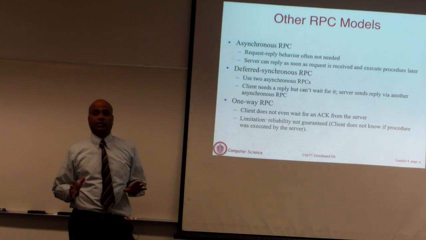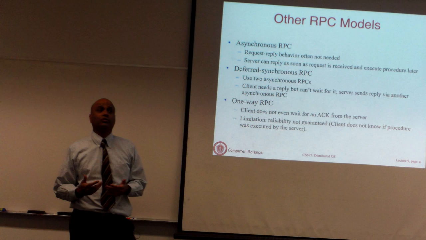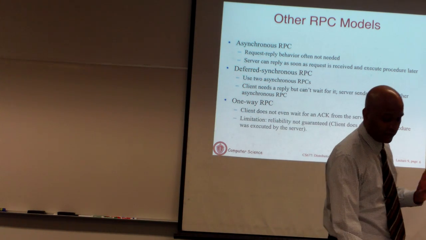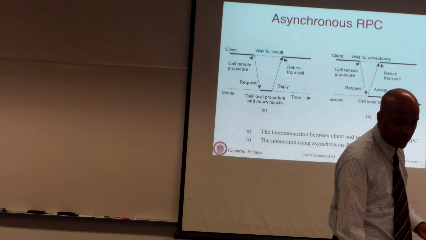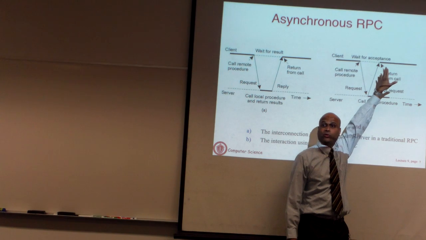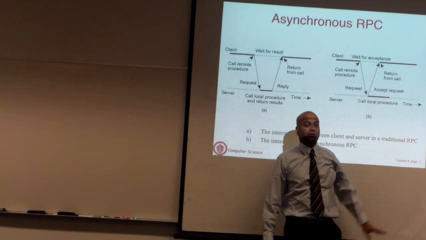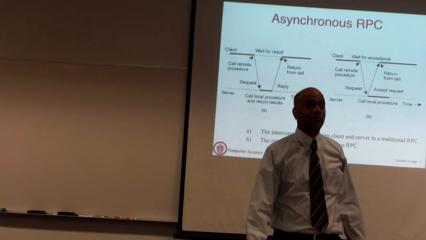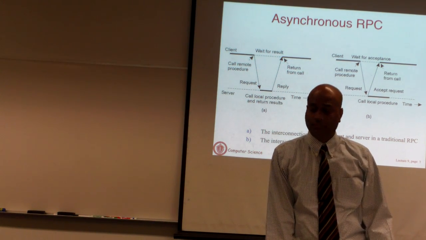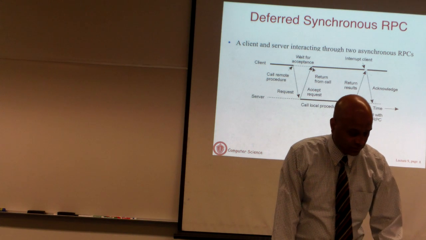But if you are running on a reliable network, it will reduce the overheads even more, where it is truly non-blocking. Once you send the message, there is no blocking at all. In the previous case, there's a limited amount of blocking, at least waiting for an acknowledgement to come back. In one-way RPCs, you don't even have that. You just send a request and you're done.